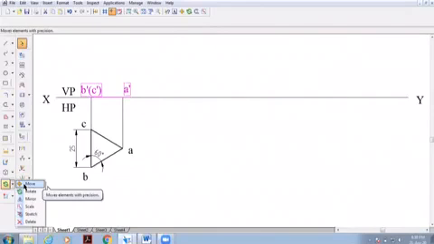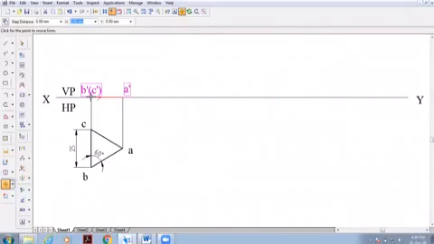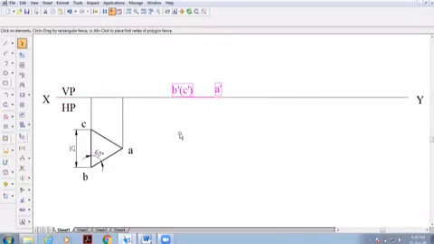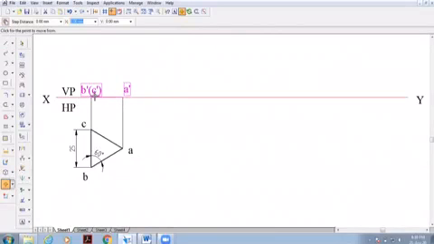Coming to move command, from the end point, either B dash, C dash or A dash, as my reference point, I'm going to move this front view on my XY line. Click. Since I have not enabled copy, I should enable copy for move command. So from this end point, I'm going to move it on the XY line.